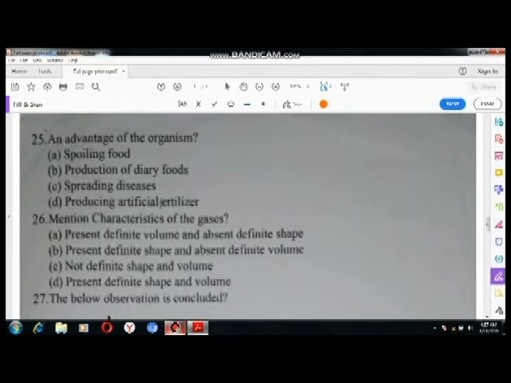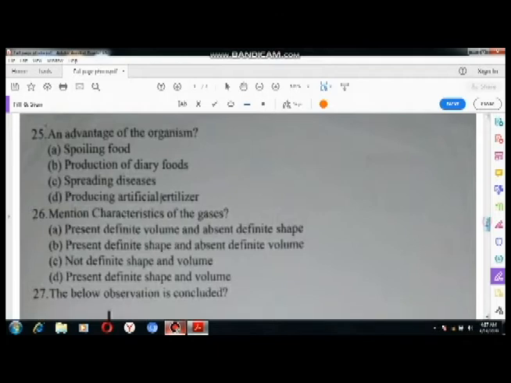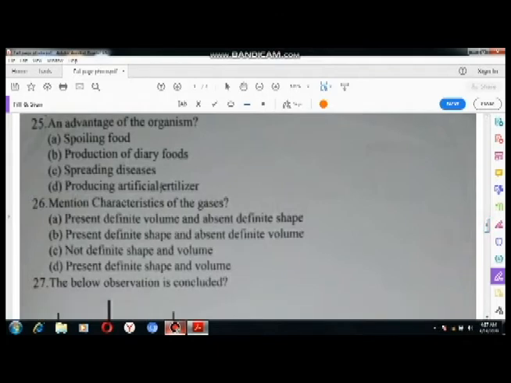This question has a printing mistake. It asks about the advantages of microorganisms. We use microorganisms to produce curd, cheese, butter, vinegar and vaccines. In all these situations, we use microorganisms.